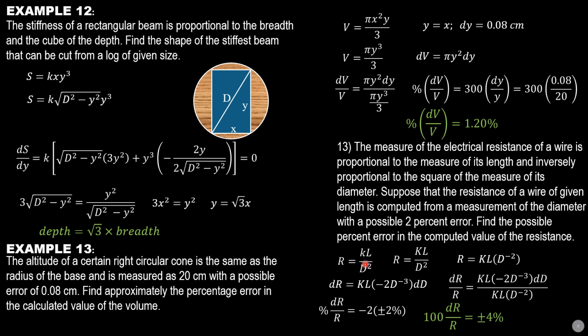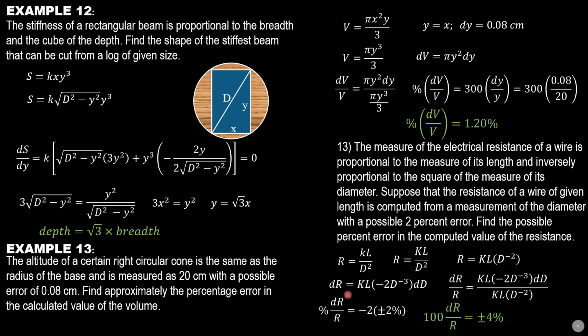So restating this problem, writing it as an equation, resistance is proportional to, so we have constant of proportionality k, the length, and inversely as the square of its diameter. Since the length is constant, KL would be constant. So therefore, R is equal to KL over D squared, and take note this is constant. So R is also KL times D to the negative 2 to apply the power formula.